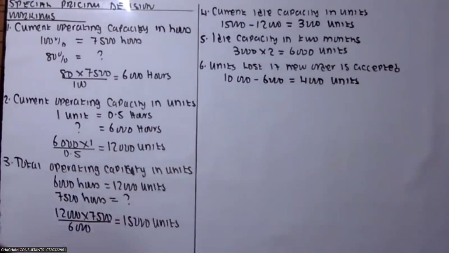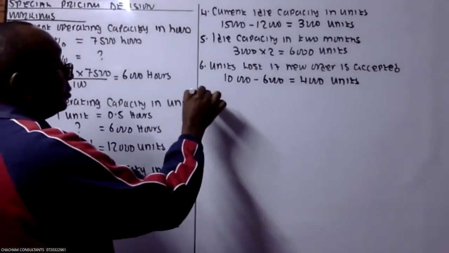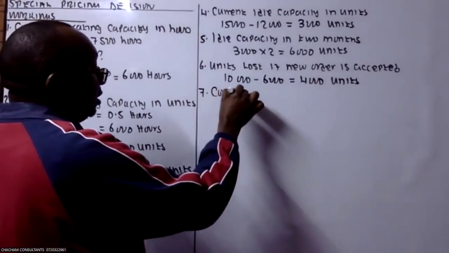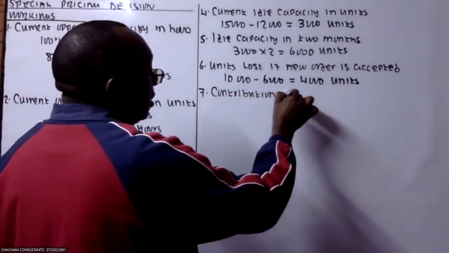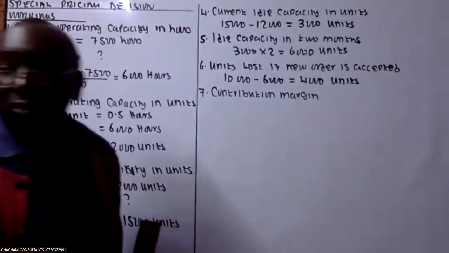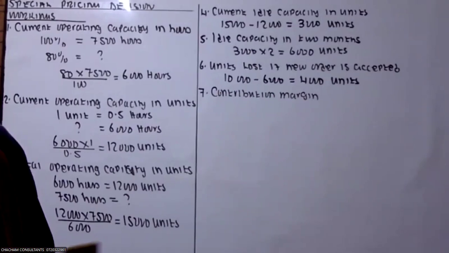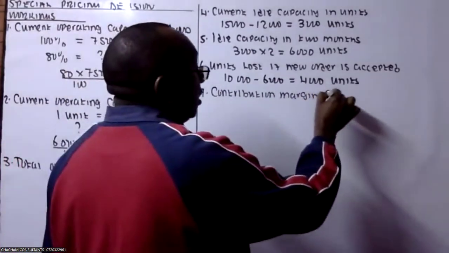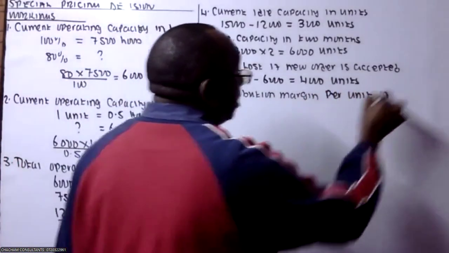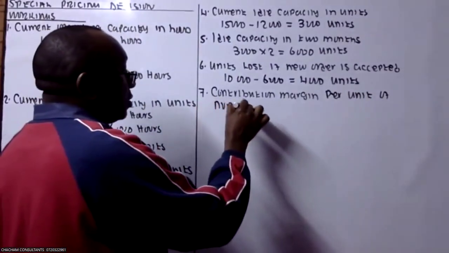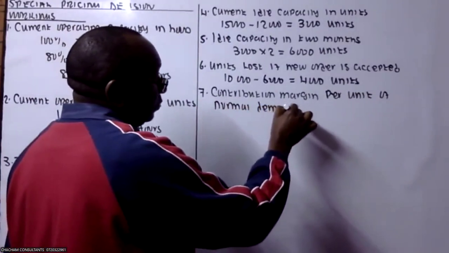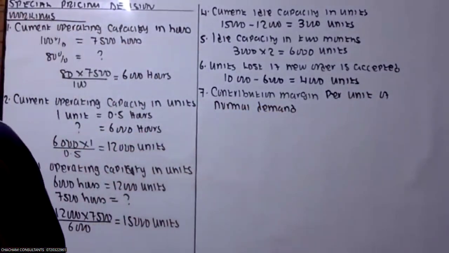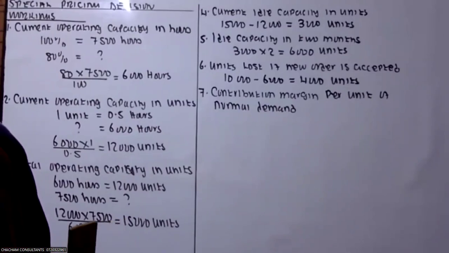Now, for us to judge that, there is another working we require: contribution margin per unit of normal demand. The selling price is 105.